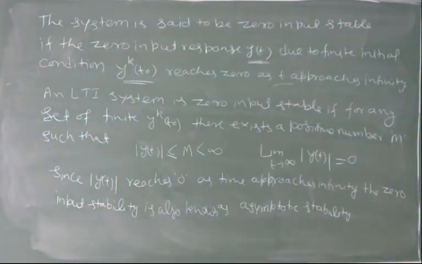Means as time reaches infinity, if the response reaches 0, this is called asymptotic stability. Therefore, zero input stability and asymptotic stability are both the same thing.